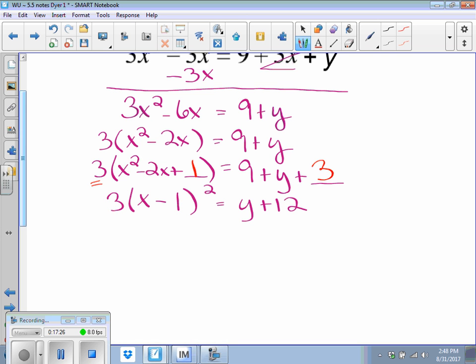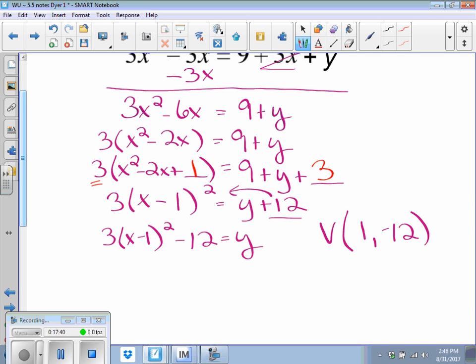Now to get y by itself, we take this, put it back over there. So you have 3 times x minus 1 squared minus 12 equals y. So my vertex is, very good, 1, negative 12.